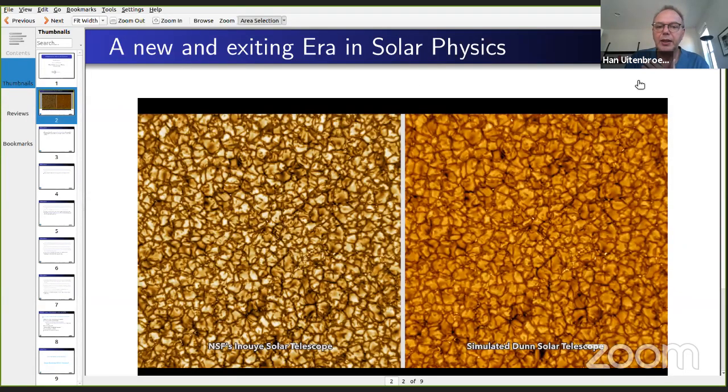On the right are the same images but degraded to the level of resolution that our current high resolution telescope, the Dunn Solar Telescope in Sunspot, New Mexico, was able to achieve. And you can see that there is really a very clear improvement in the resolution of these images.